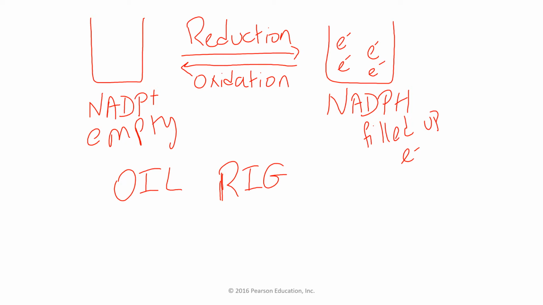When NADPH releases those electrons, it will go back to being NADP positive. An easy way to remember that reduction is gain and oxidation is loss is the mnemonic OIL RIG. Oxidation is loss, reduction is gain. And the most important thing that we are gaining in this process of photosynthesis is a bunch of electrons.